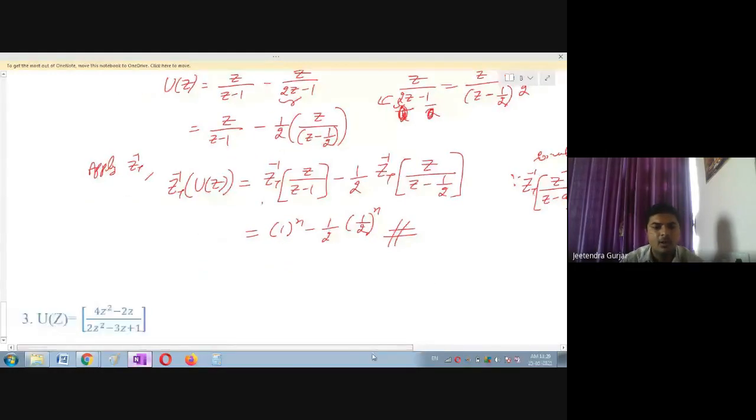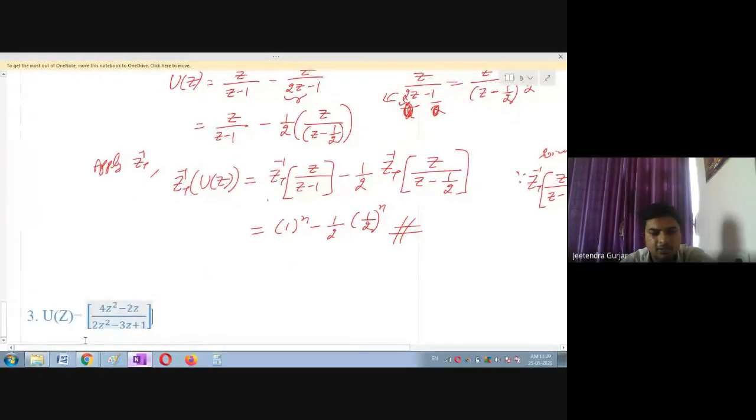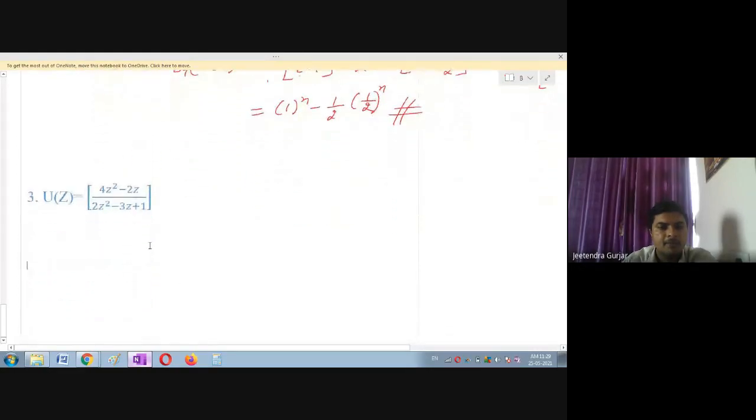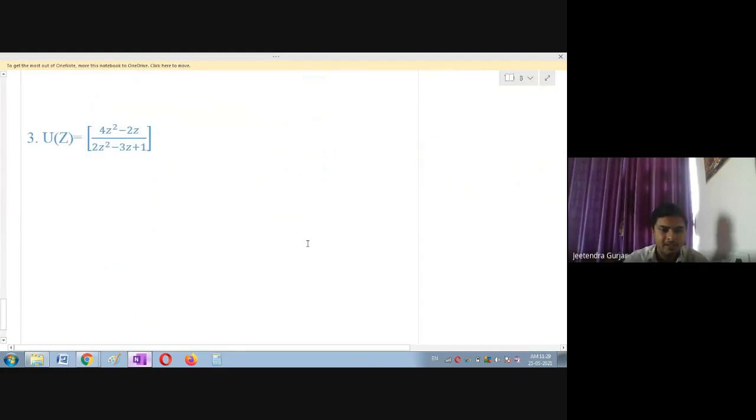Okay. Let us see how many will get the next answer. So please solve the next one. See, if you have any doubts, please ask me, students. Now we can solve this. Solve this and tell me what is the answer. We will see how many will get the answer.